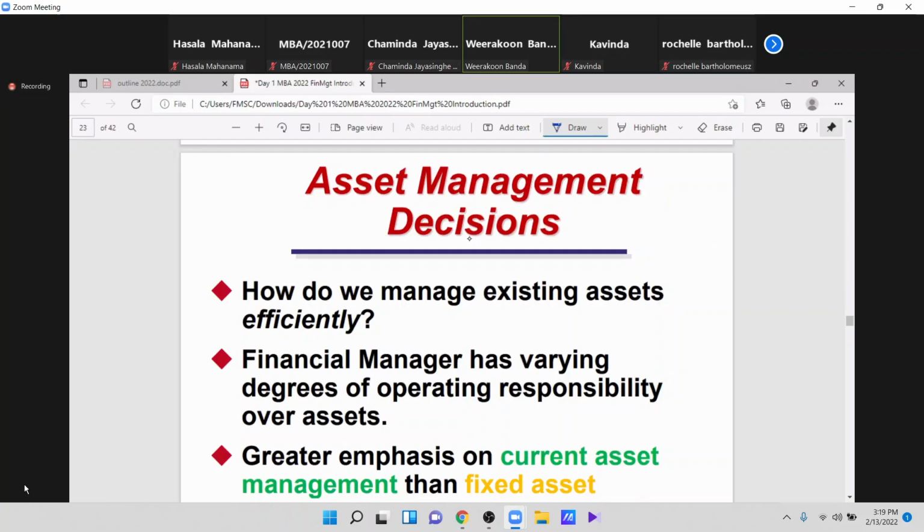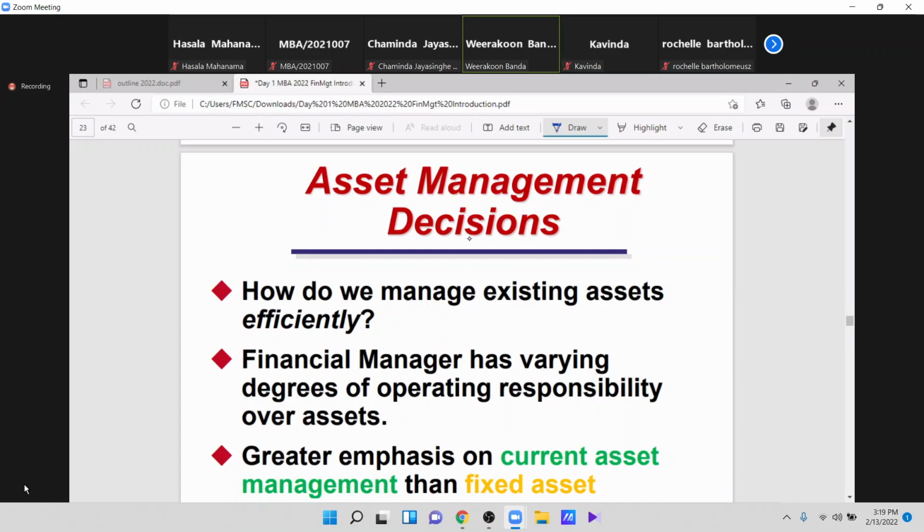Asset management decisions: how do we manage existing assets efficiently? Sometimes you can decide to maintain an assets registry, if a large number of items are involved in the business operation.